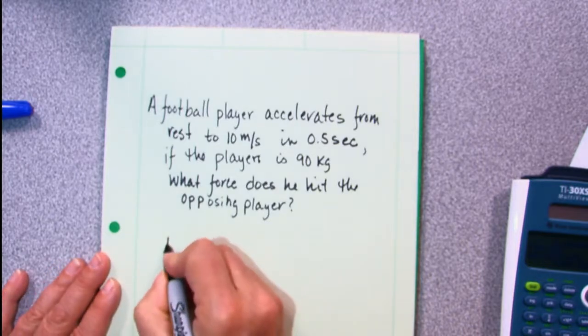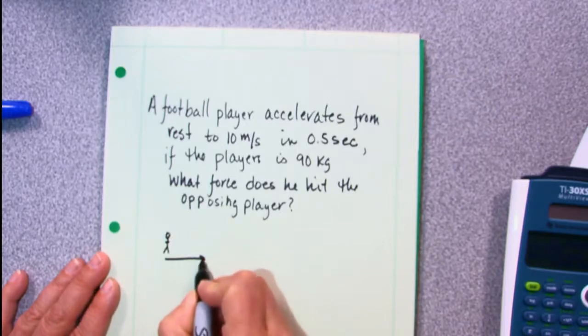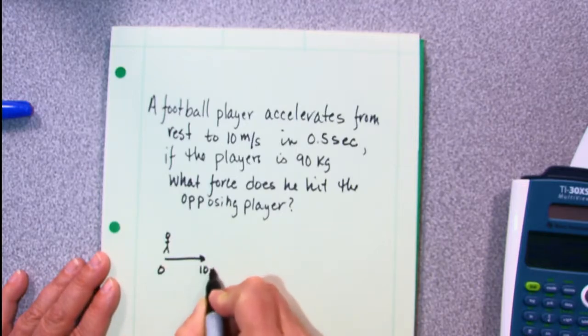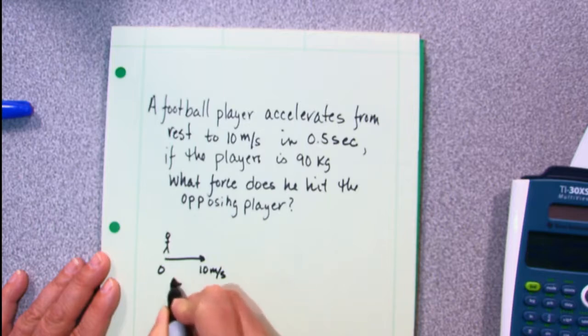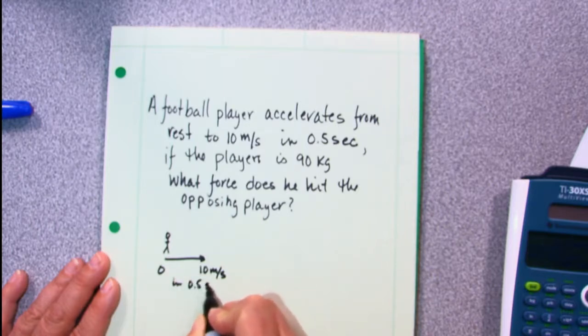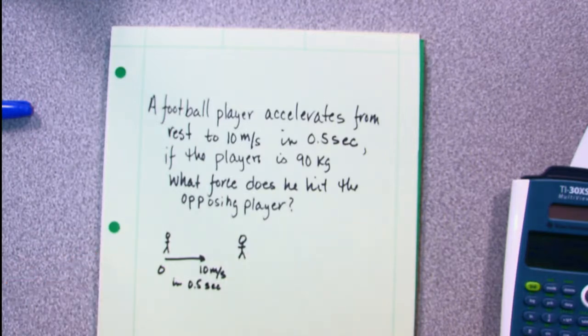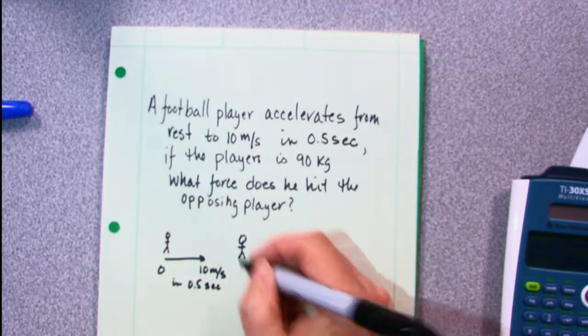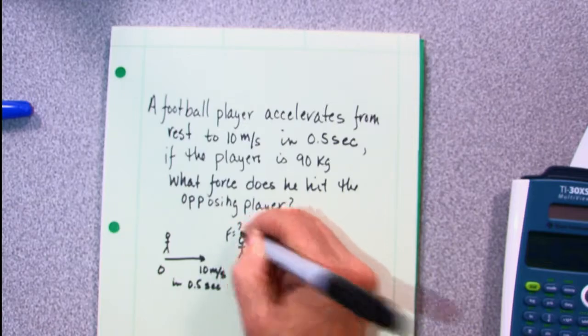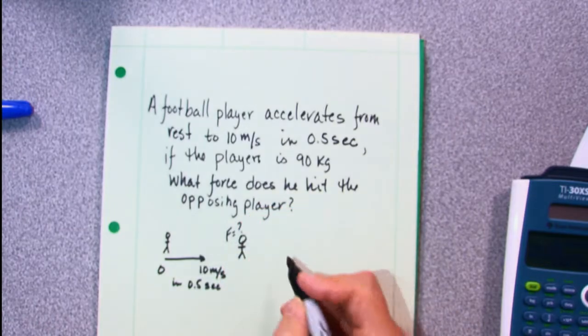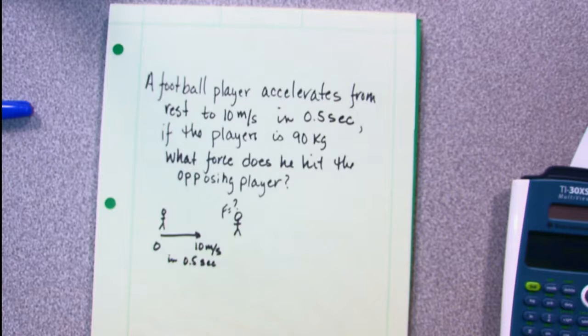So go ahead and draw your picture. We got the guy going from here, from 0 to 10 meters per second in 0.5 seconds. And we've got the opposing player sitting out there. And we want to know the force that's going to be hit. So in this case, a free body diagram is not necessarily going to help me out.